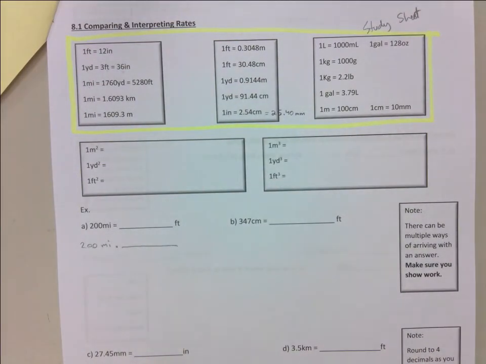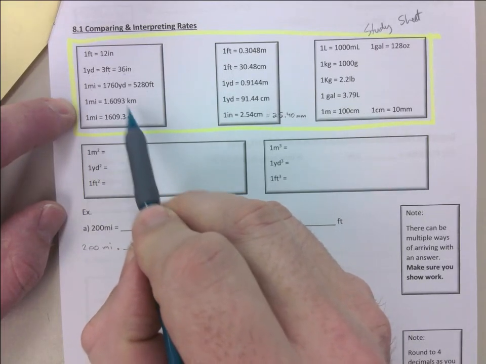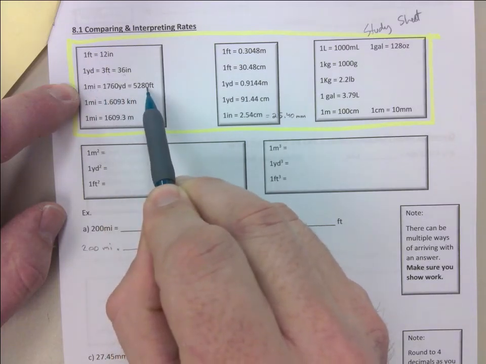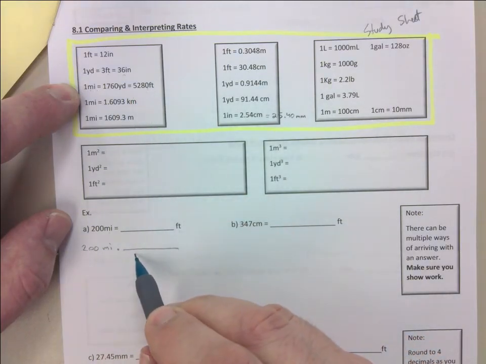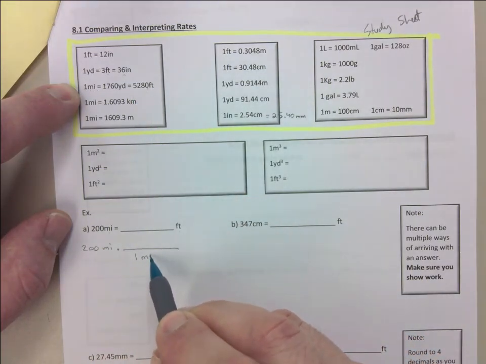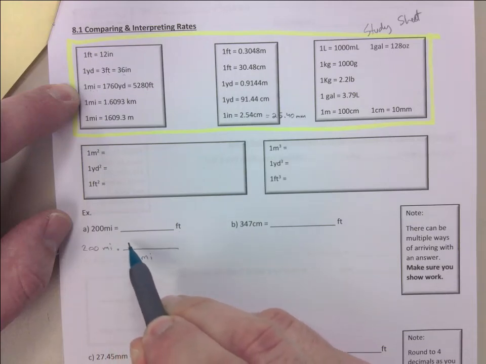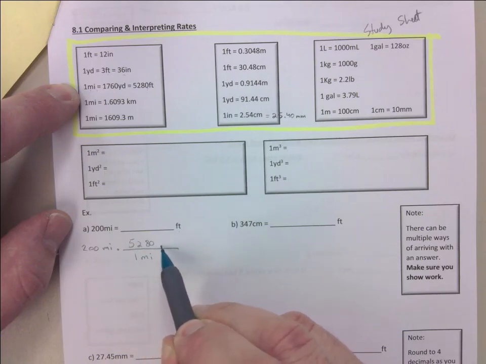I hope you can see this. If you look up here, miles and feet are right here. Okay? 1 mile has this many feet. I will put the 1 mile in the denominator because I want the miles to cancel out, and the numerator gets the 5280 feet.